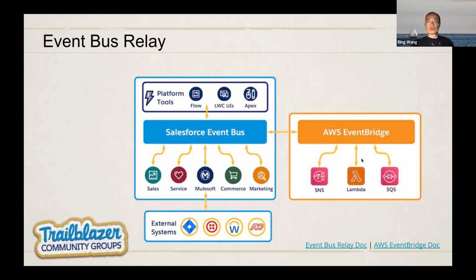And you could also from EventBridge invoke the Lambda service from AWS. The possibilities are endless if you can make this bridge happen very easily, which is what Salesforce is trying to do with Event Bus.